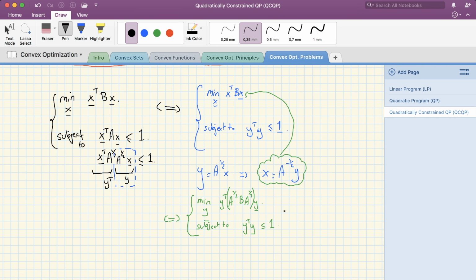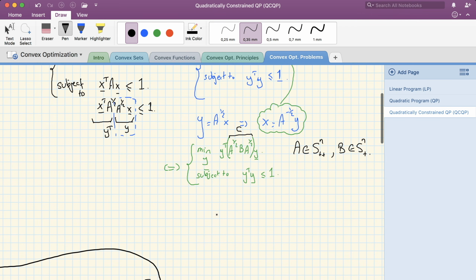And if we're given that A is positive definite and B is positive semi-definite, so if we're going to call the central matrix C, so if this guy is matrix C, you can simply write it as follows, y transpose Cy less than 1, right? Here we're going to write between parentheses, C is A half, B A half. So those matrices are given, right?